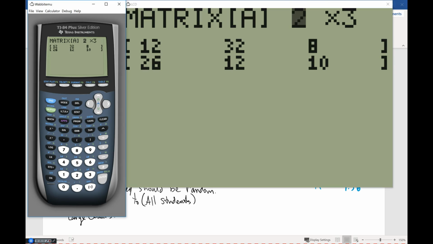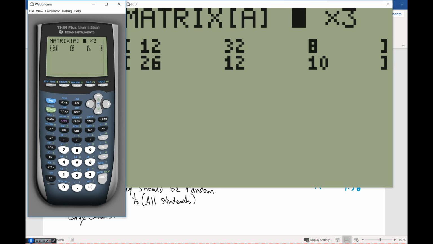So this one will be 2 by 3. Okay, so we have our data put into matrix A, 2 rows, 3 columns.